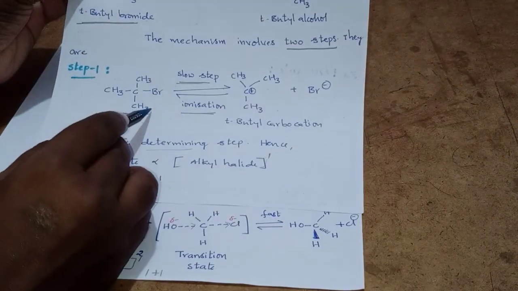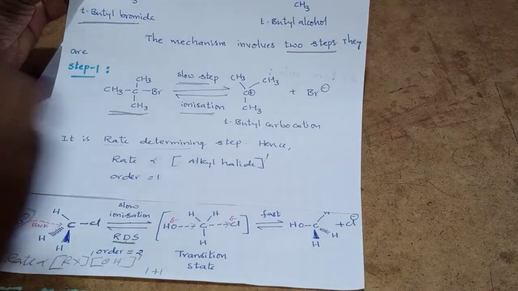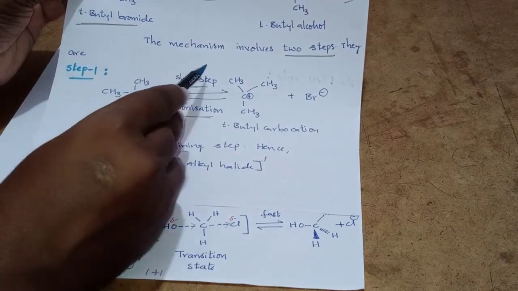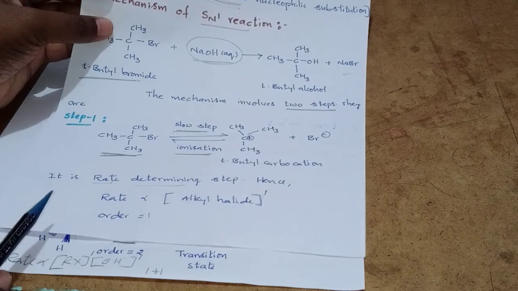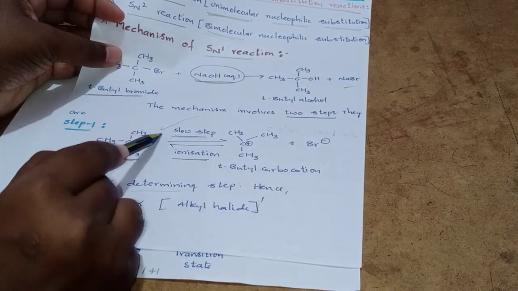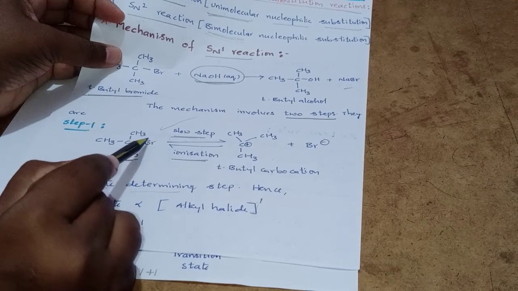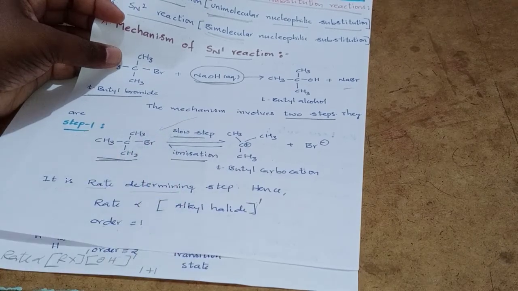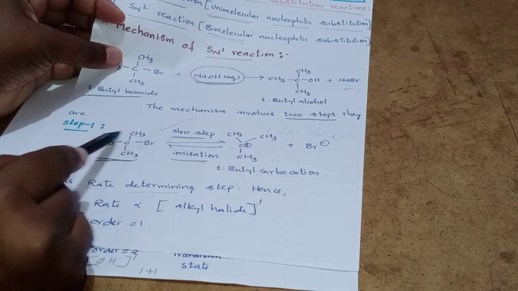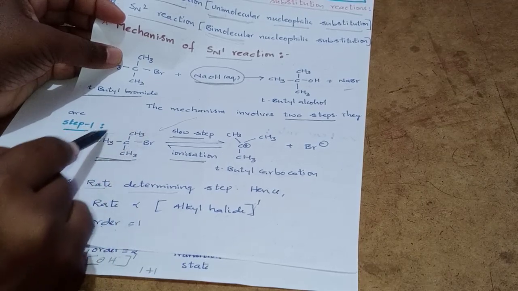In the first step itself, the hydroxide should attack here. If it tries to attack from front side, due to the larger size bromine atom, it does not take place.